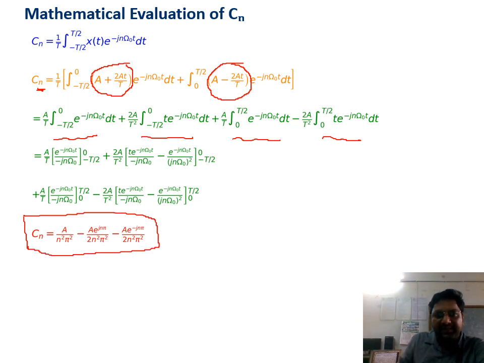minus a e power jn pi by 2 n square pi square minus a e power minus jn pi by 2 n square pi square. When n is even, this exponential value is 1. As a result, the value of Cn is 0.